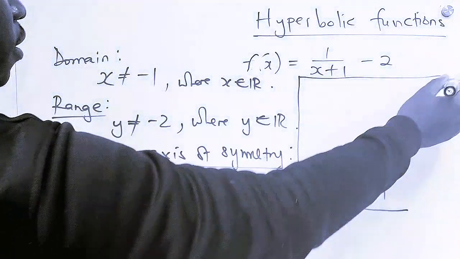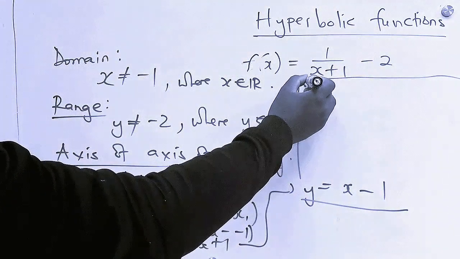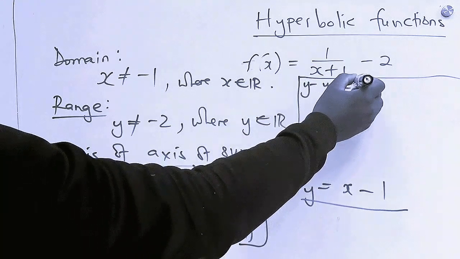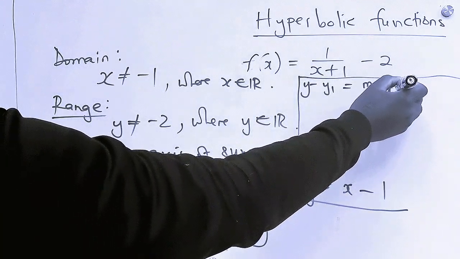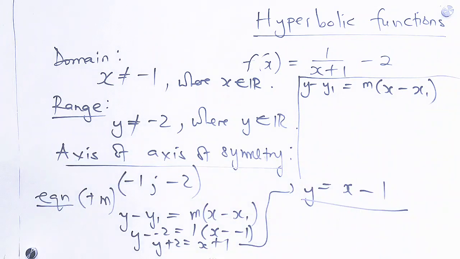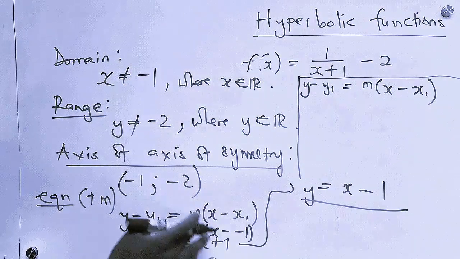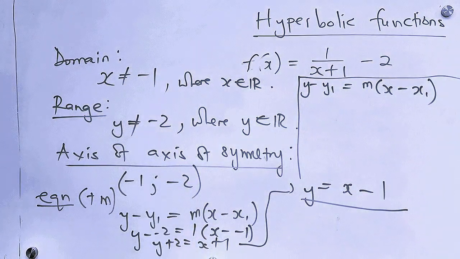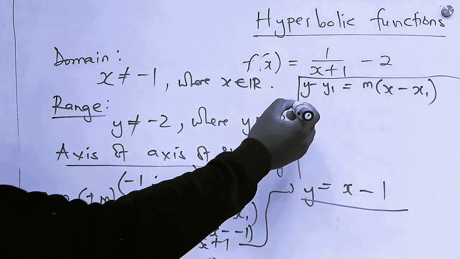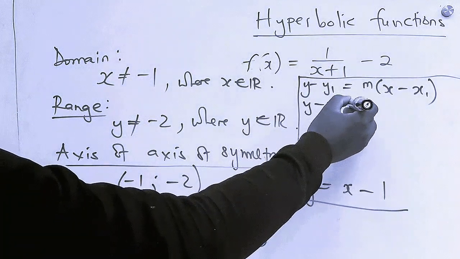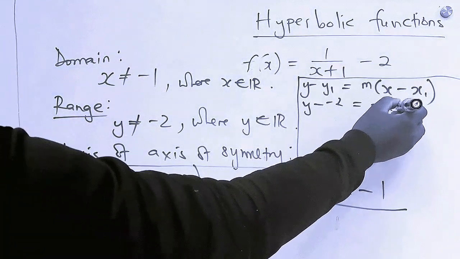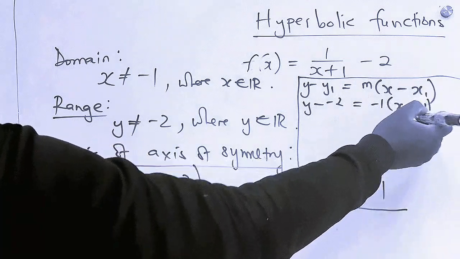Let's see for negative gradient. y minus y1 is equal to m times x minus x1. Our axis of symmetry point doesn't change, it remains the same. What changes is our gradient, which is the value of m. So we have y minus -2, then -1, x minus -1.